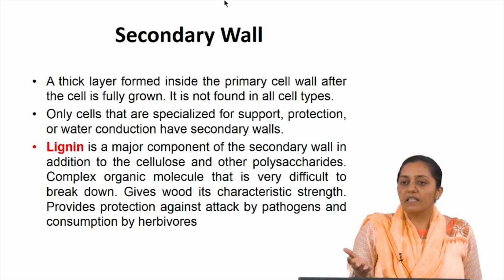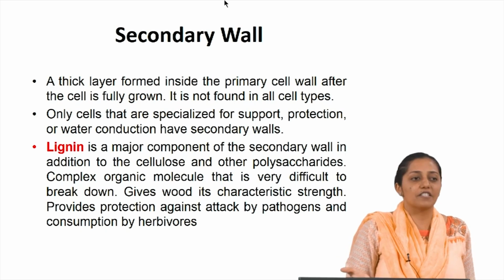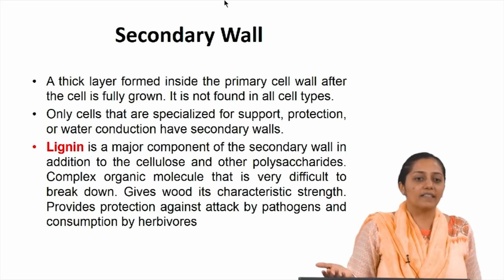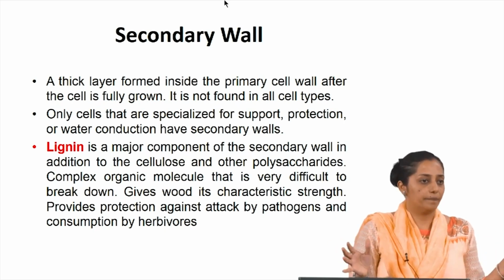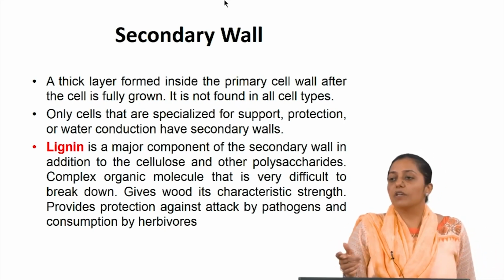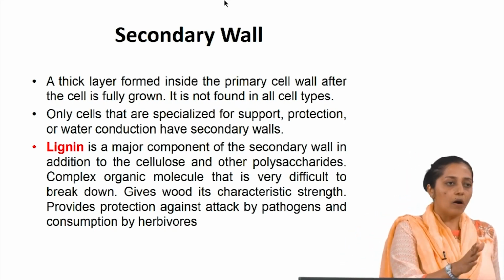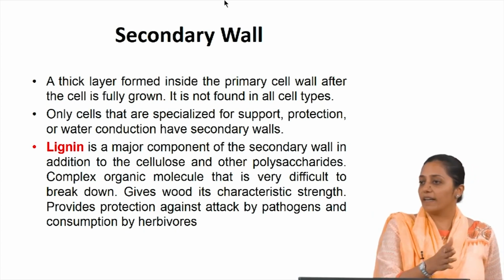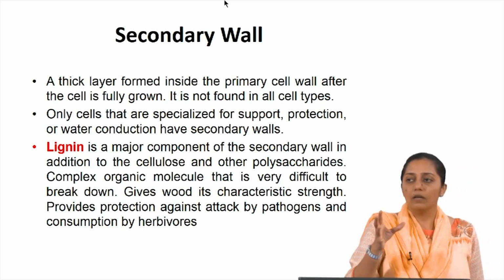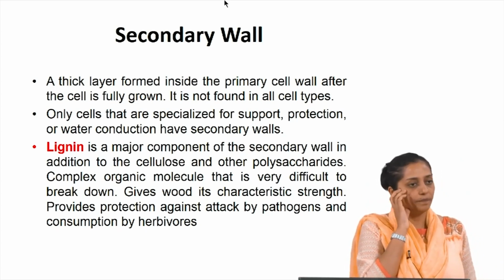Precisely because it is hard to degrade, its purpose in nature must have been to protect and support the fully grown plant. So this secondary wall structure appears in cells which are already matured, where the higher specialized function is not growth but to protect the cell. Then the secondary wall structure appears. So its major function is to protect the plant cell.